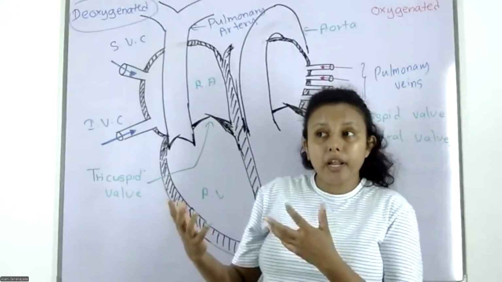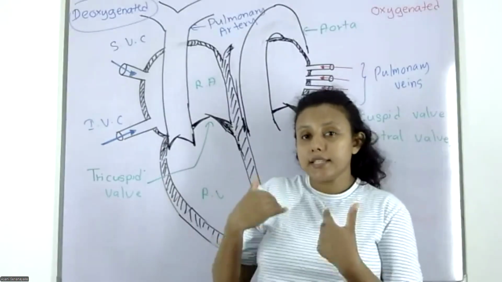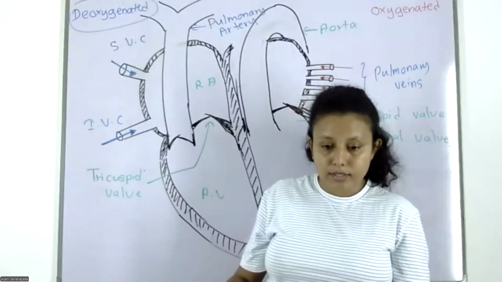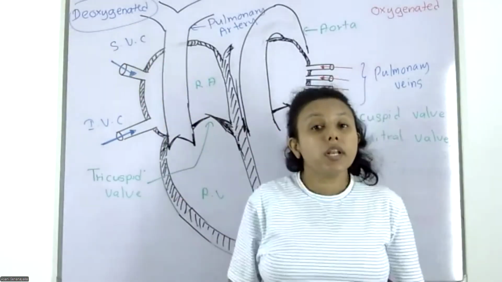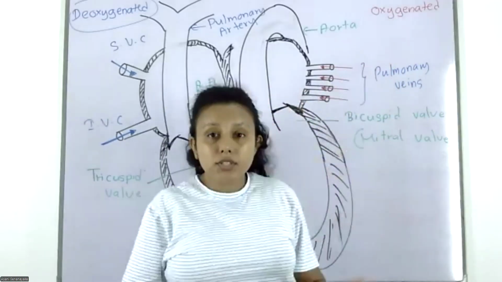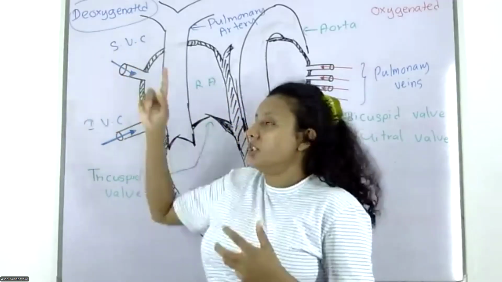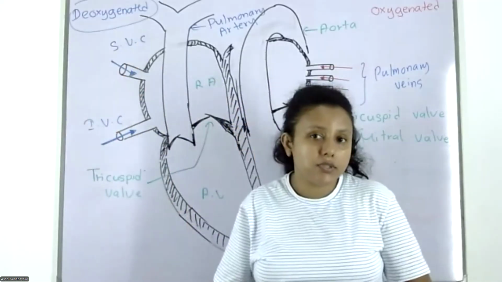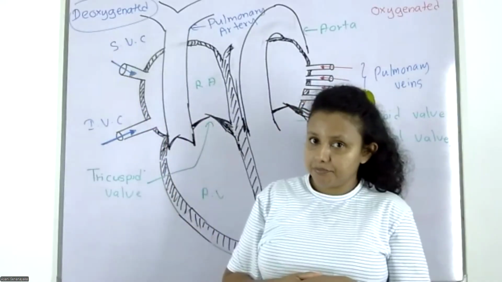If it has more carbon dioxide, then it has less oxygen. So if the blood has less oxygen and more carbon dioxide, that blood is called deoxygenated. What we actually want is oxygenated blood because it has more oxygen, and deoxygenated means less oxygen is there. This blood contains more carbon dioxide.